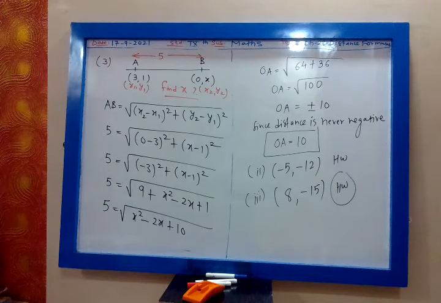Let me give you 1 minute to solve. So x square minus 2x plus 10 is equal to 5 square. Squaring both the sides.